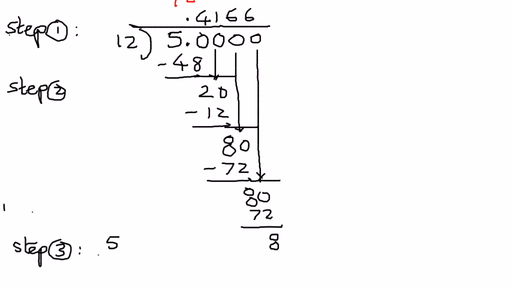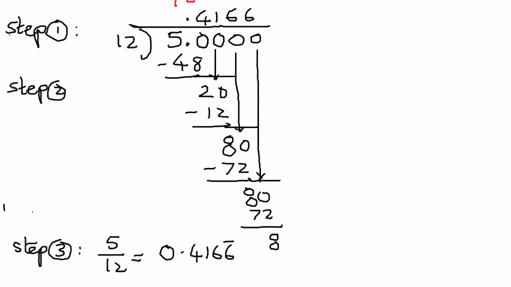The fraction 5 over 12 can be written out as 0.4166 recurring. The line on top of the 6 indicates that the number is going to repeat.